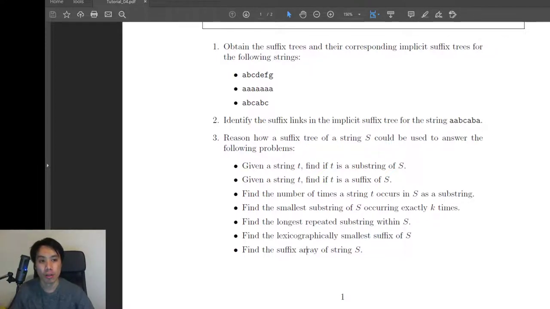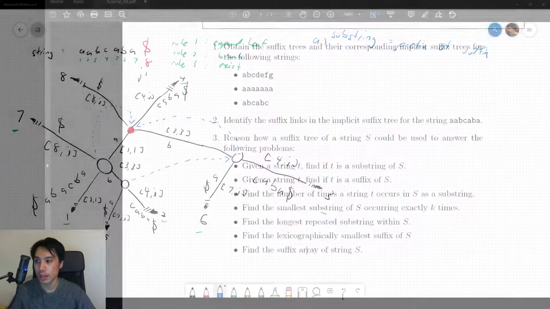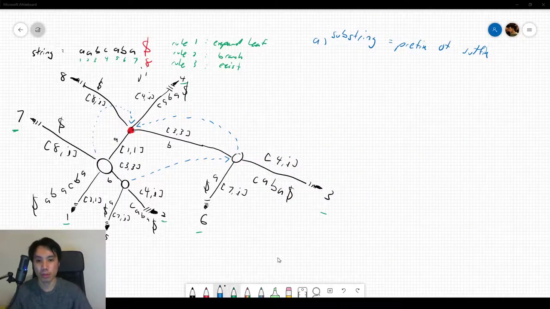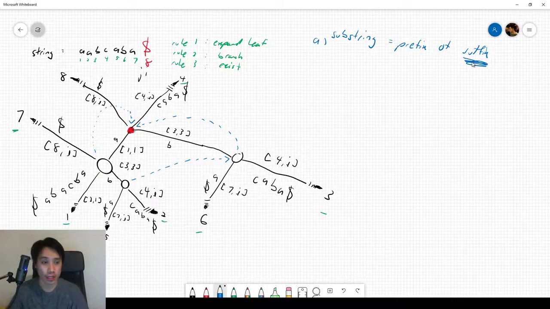For example, a substring is actually the prefix of a suffix. What you see over here on the whiteboard is already a suffix tree, so we already have the suffix component. The prefix component is just us traversing.